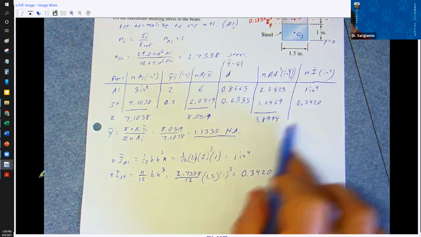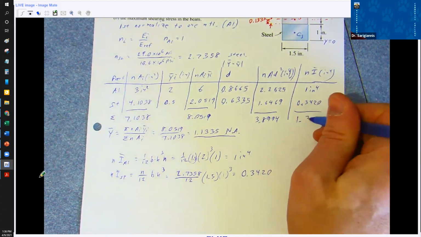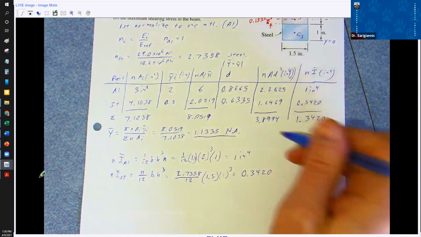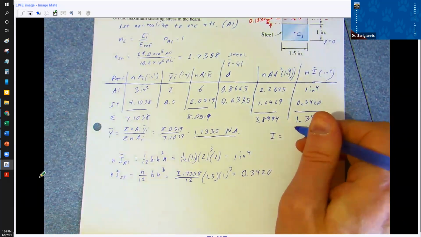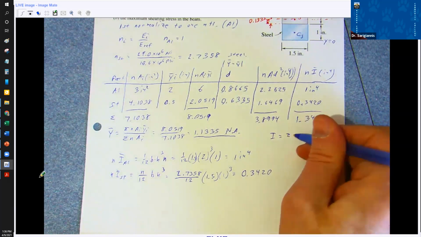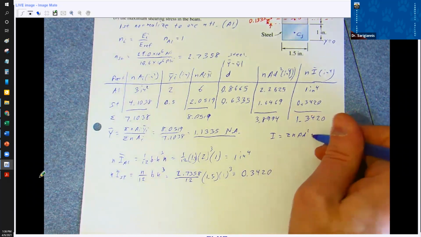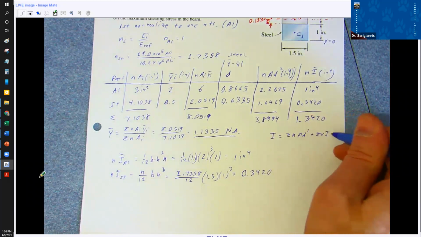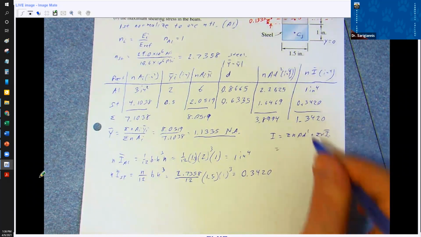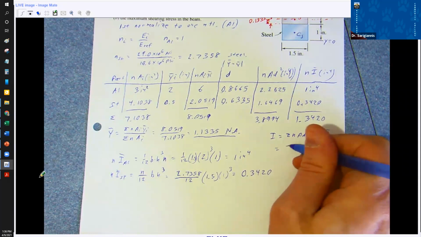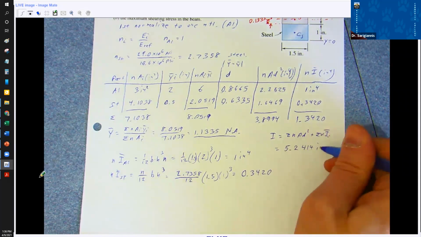You could add these together in another column, but I didn't have room, so I'm just adding these up over here: 1.3420. The overall I is going to be the sum of the N A D squared plus the sum of the N I bar. What do we got? 5.2414 inches to the 4th.